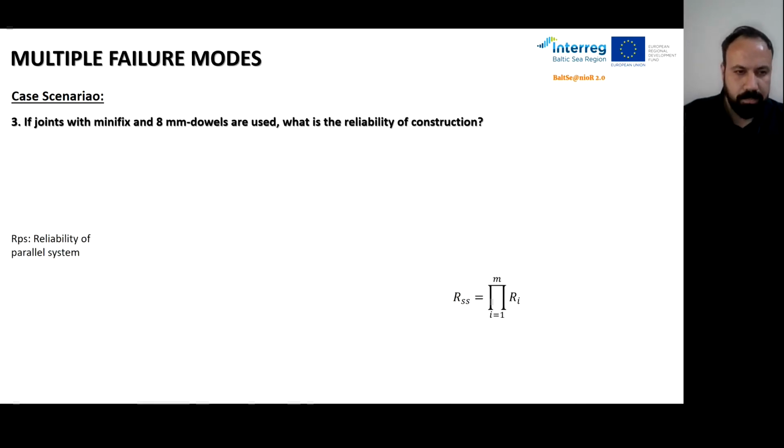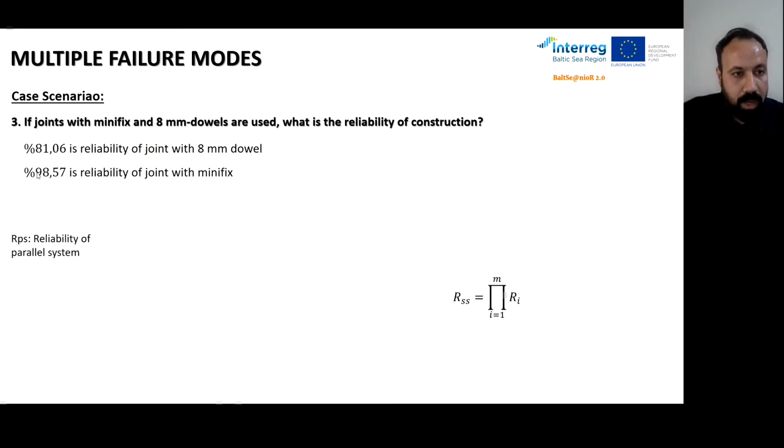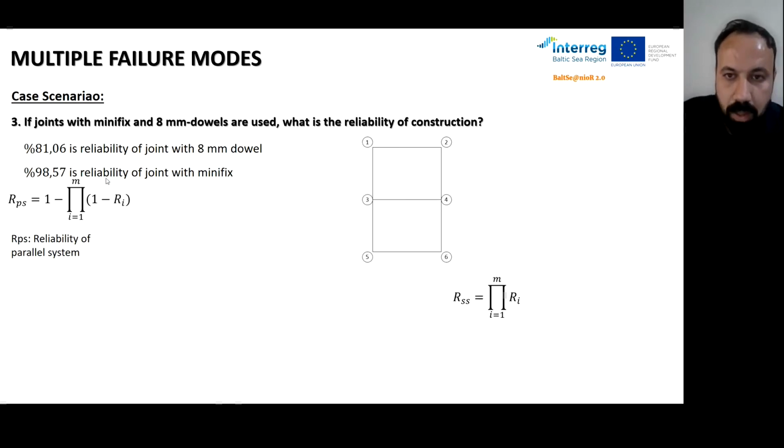Here, if joints with Minifix and 8 mm dowels are used, what is the reliability of the construction? In one joint with the 8 mm dowel, my reliability is 81.06%, and Minifix is 98.57%. In the series system I have my construction here again.